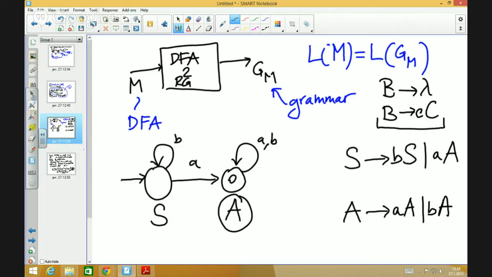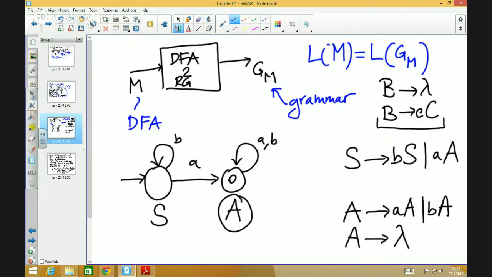That's when I want to terminate my derivation. And what is this production? A goes to lambda. That says, okay, since A is a state where the DFA would accept, from A, I just remove the A. I finish the production of my string. And lo and behold, we have constructed a grammar that actually generates all of the strings that your input DFA accepts.